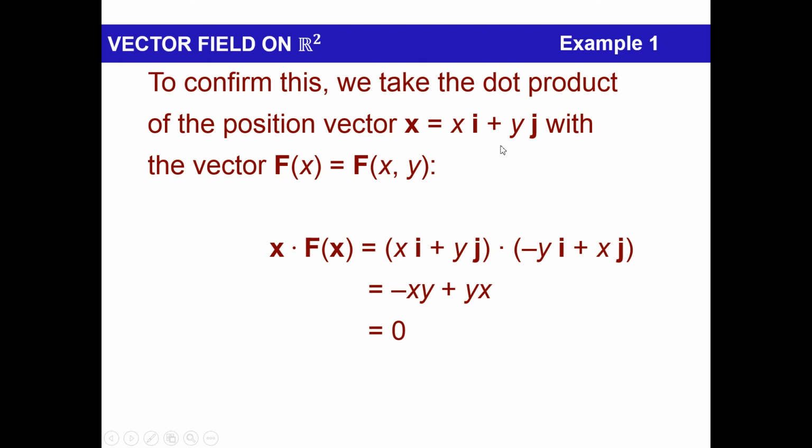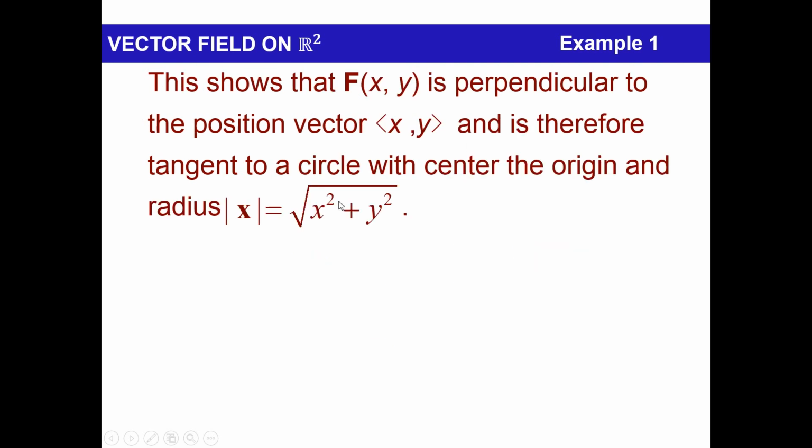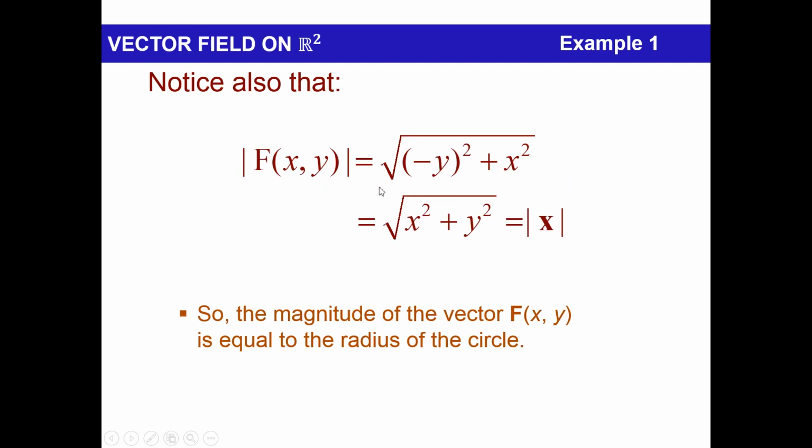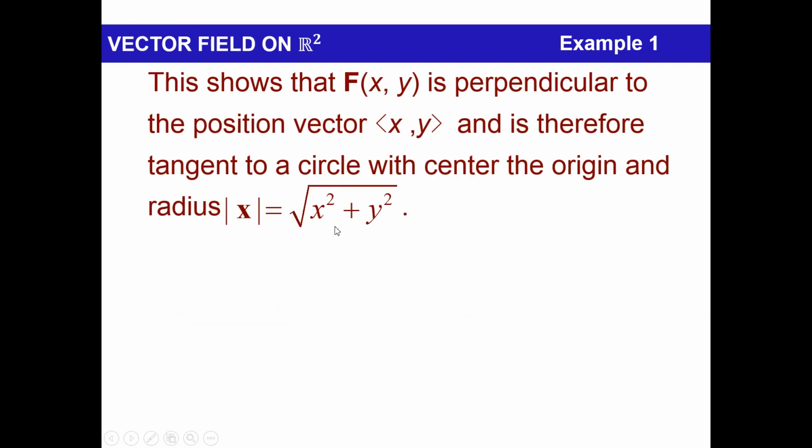This is any point in the plane, and we take the dot product with this function F, and we see if it is 0. This is 0. It means these two are perpendicular to each other. So this shows that F(x,y) is perpendicular to the position vector (x,y) and is therefore tangent to a circle with the center origin and the radius |x|, which is square root of x square plus y square.